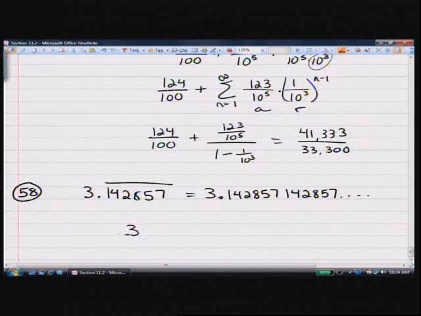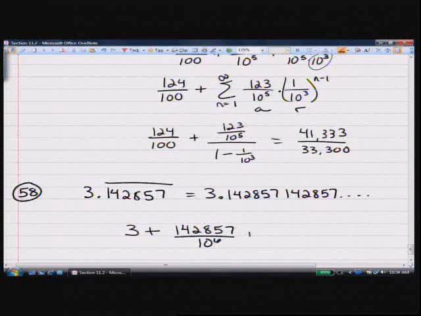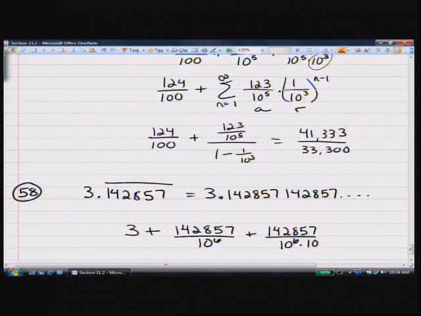Based on this logic, you're just going to have the 3 plus, this first one is your A, 1, 2, 3, 4, 5, 6. So this is 142857 over 10 to the 6, plus 142857 over 10 to the 6 times 10 to the what?